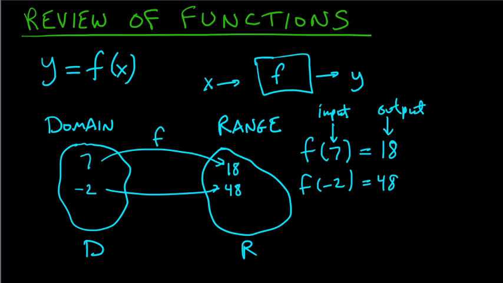And the important thing is that for every input, you can only have one output. So what cannot happen is if -2 is the input, we already know the output is 48. It can't be 15. It can't be both. It's one or the other. So every input has only one output.